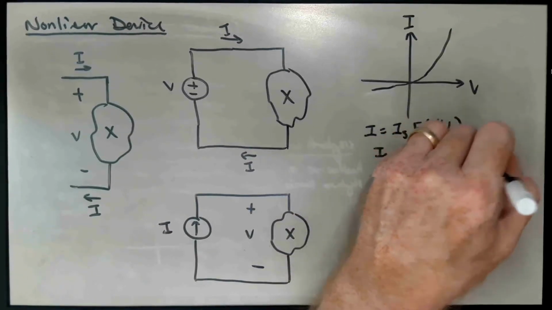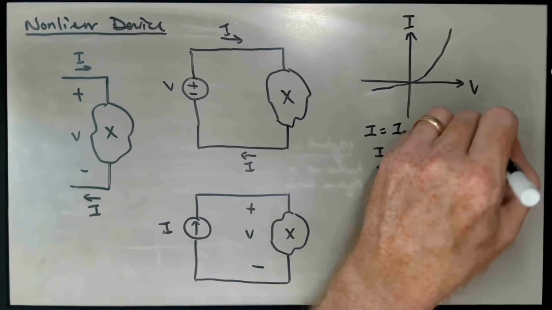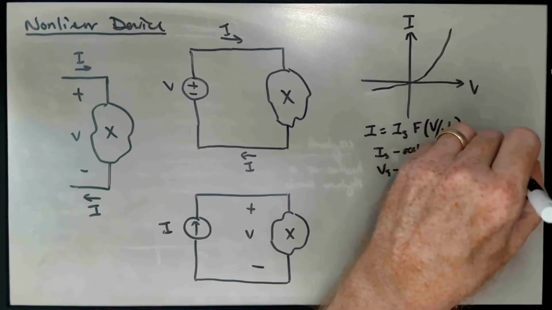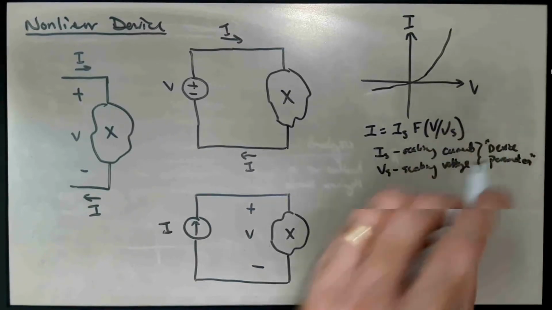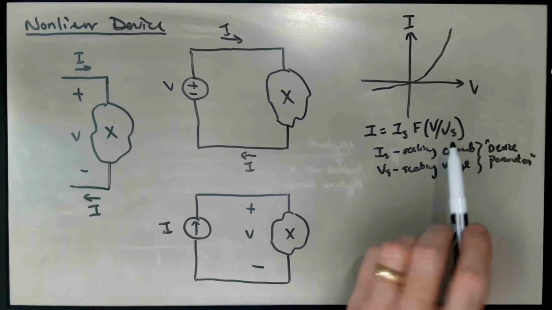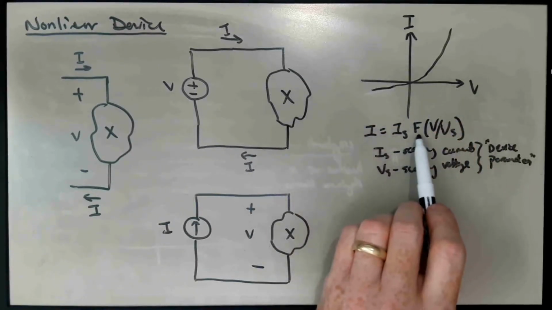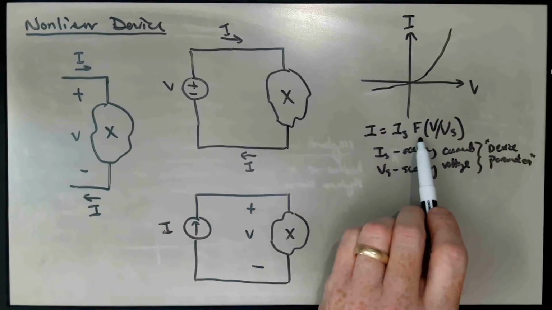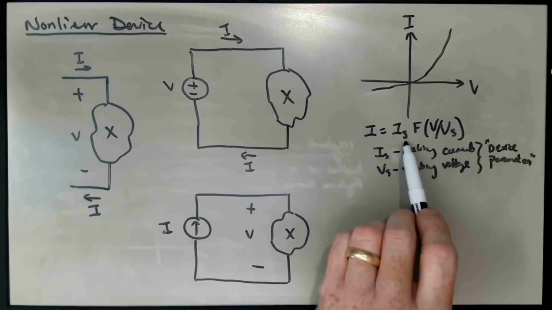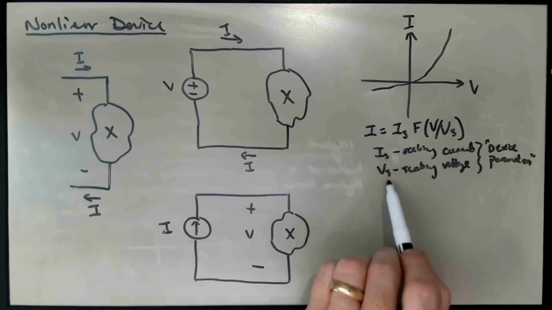And these are device parameters, so-called device parameters. So that this function f is a function of a dimensionless quantity and returns a dimensionless thing, a number, and then it's scaled by IS to make the units work out properly. So this is a current and this is a voltage.